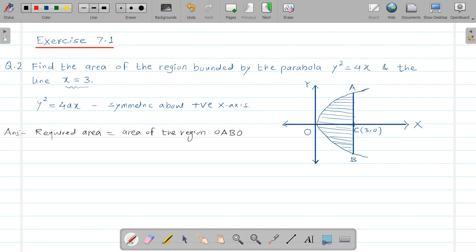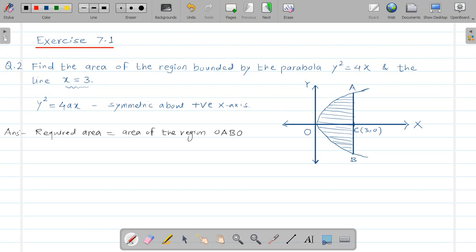See here, OABO, whole this region, means all the shaded region, we have to find out its area. So this is our required area. Now, as per our knowledge, by using the definite integration, we will get the area which is bounded to x-axis or to y-axis. So this total area which is shown in this figure is not bounded to x-axis or not bounded to y-axis. So we have to consider this.